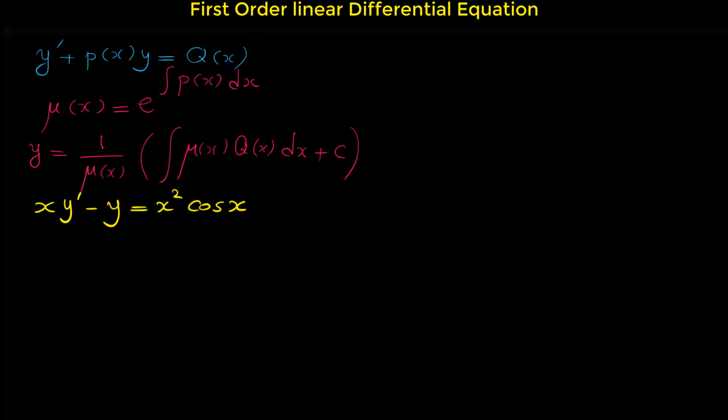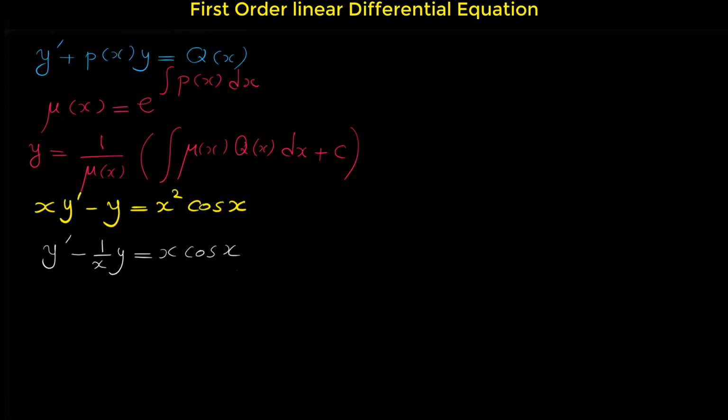To do so, we have to divide both sides of this equation by x to get rid of this x. If we divide xy prime by x, we have y prime minus, if we divide y by x, we have 1 over x times y, or y over x, equals, if we divide x squared cosine of x by x, we have x cosine of x. Now our equation is in the standard form.